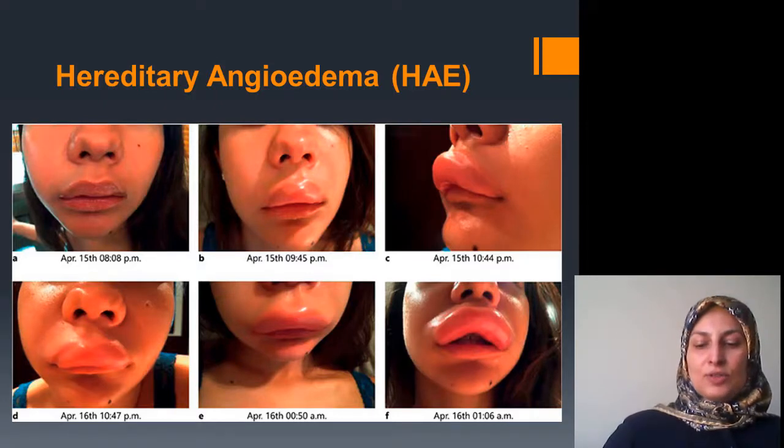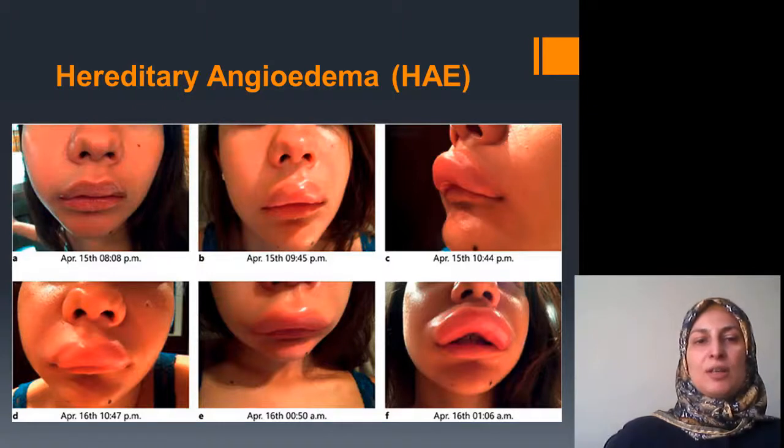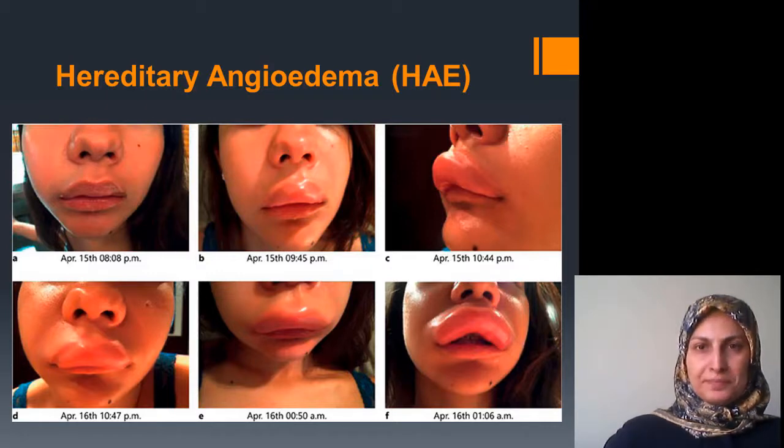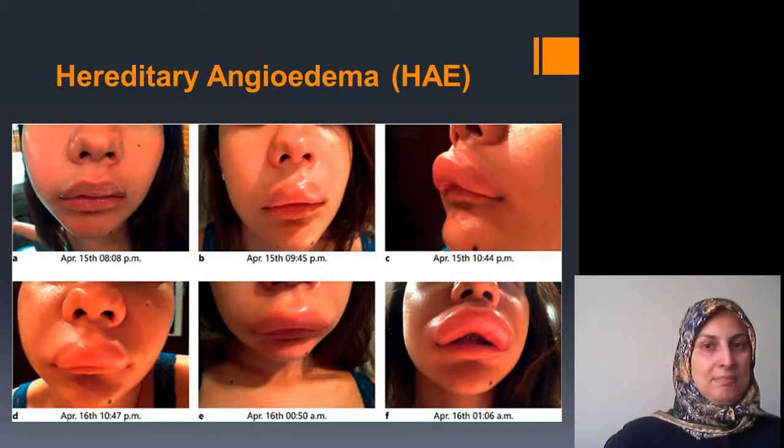So in hereditary angioedema, the T cells work perfectly. The B cells are just perfect. The patient has all the immune cells functioning fine. The problem is just with one protein that controls the complement system.